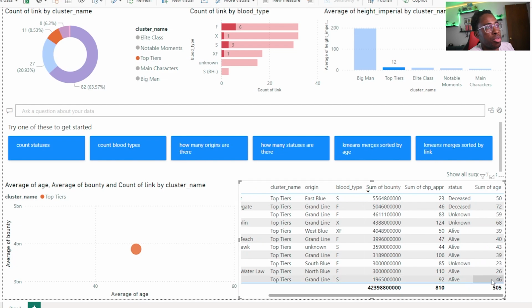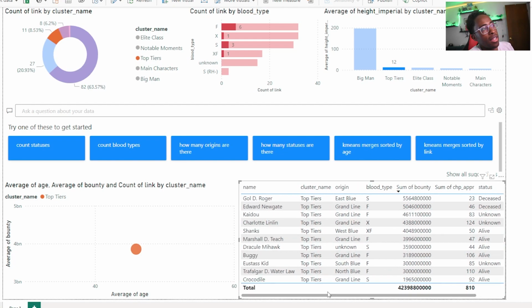And Crocodile's age is pretty similar here. So that's my guess, but I think just by order of bounty, he could go either way, whether he's a top tier or elite, but TBD. He's got the bounty buff now. We'll see what the Cross Guild is made of, I'm sure, in time to come, and see what Crocodile's got.